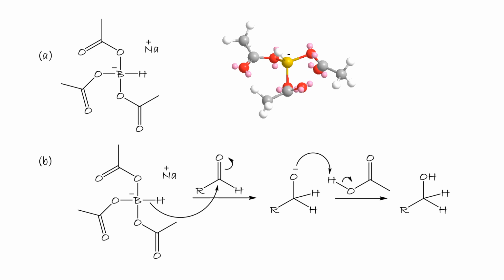Here we have a slightly deformed tetrahedral structure. The reaction here is nucleophilic addition, hydride attack, forming alkoxide, protonated by the H of acetic acid to form the alcohol.